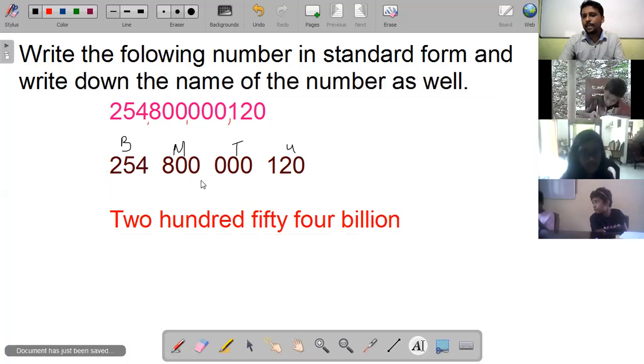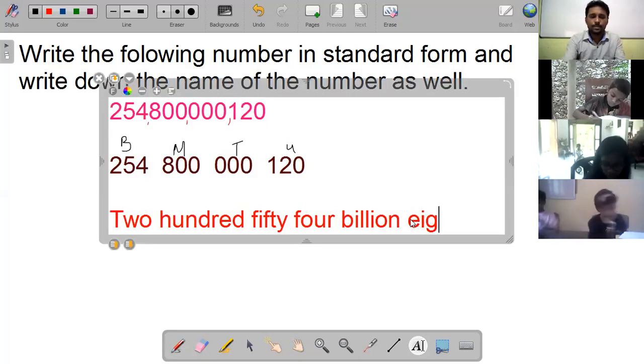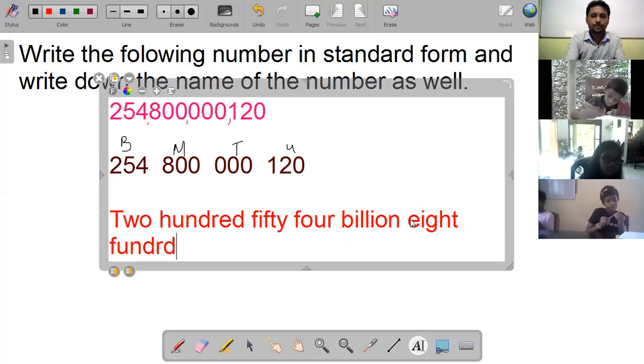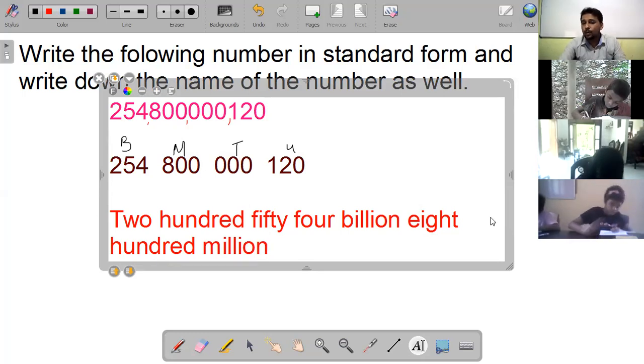Next period value 800, eight hundred. The period name is million, no? Million. Right.